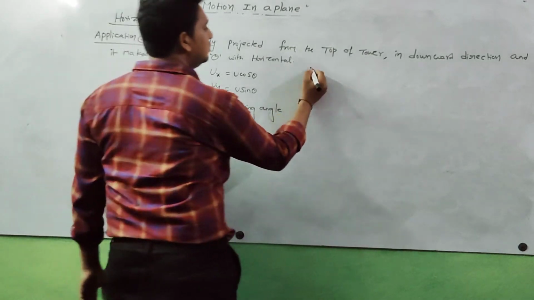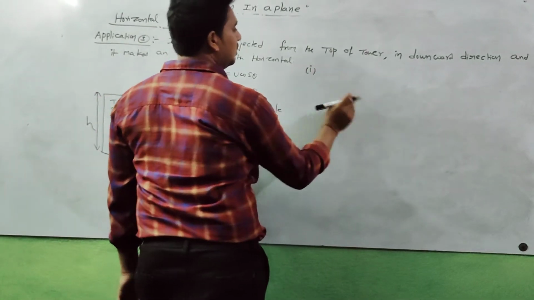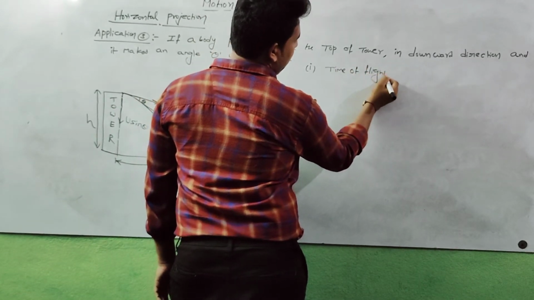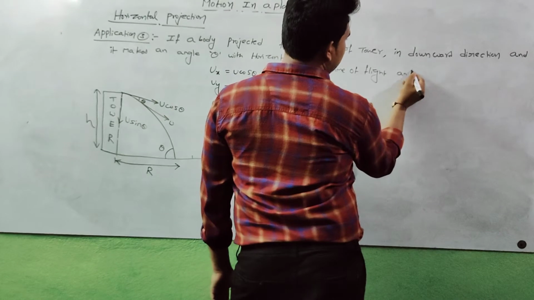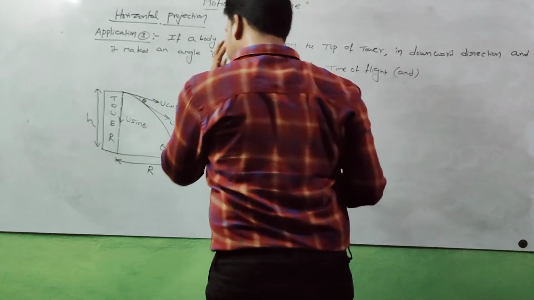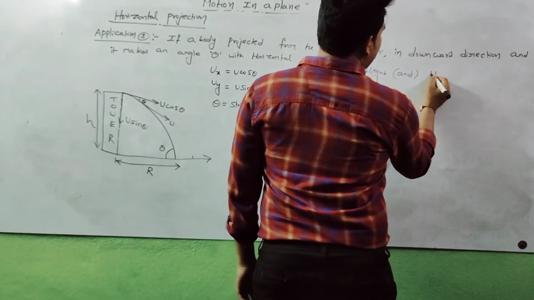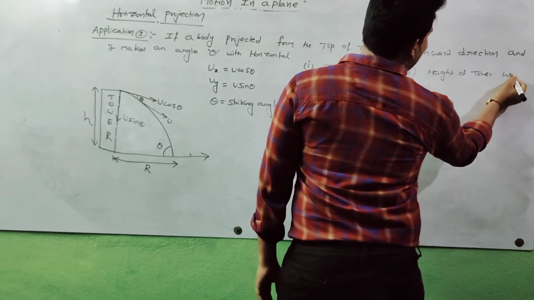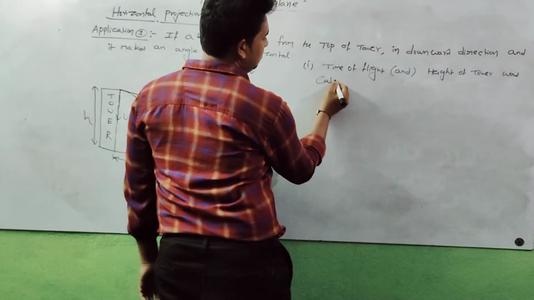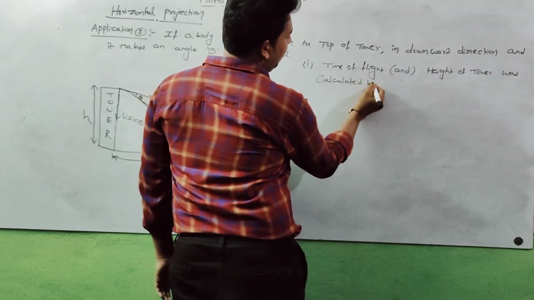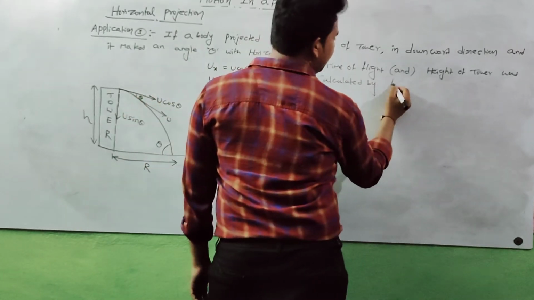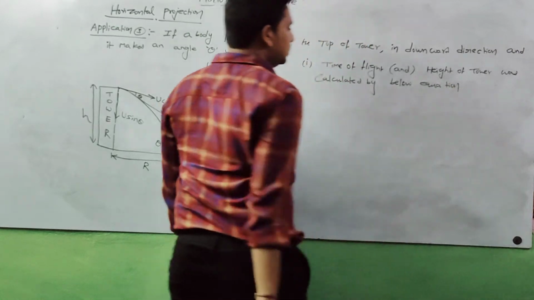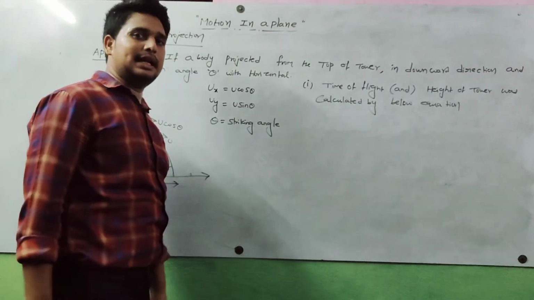So first of all, the time of flight and the height of tower are calculated by the below equation.